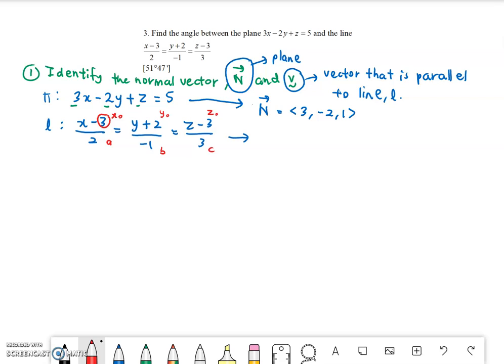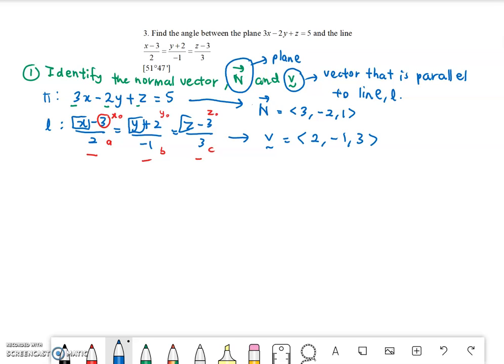So x naught, y naught, z naught is a point that lies on the line, and a, b, c here is the vector that is parallel to line L. So our main concern from this equation is the value of a, b, c, where the vector will be equal to 2, negative 1, 3. We can just straight away take 2, negative 1, 3, because x, y, and z here are all multiplied by 1.